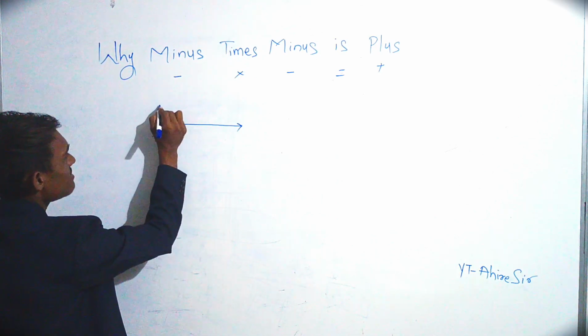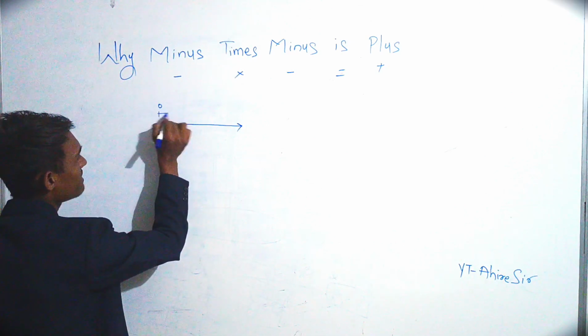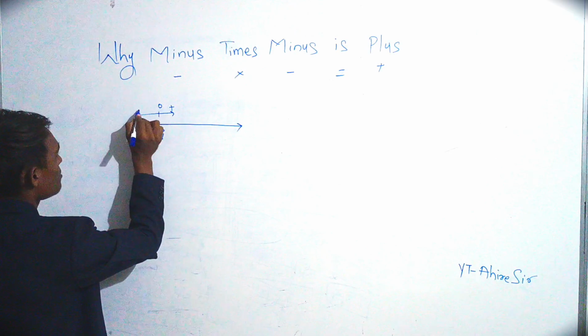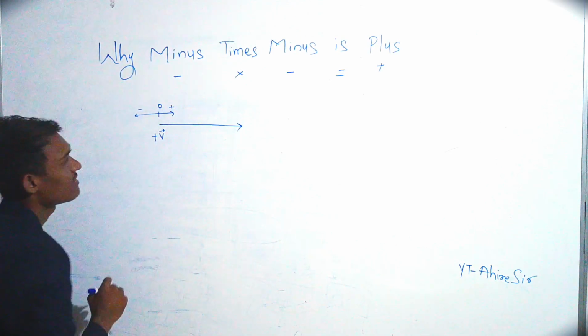Let's say this is 0 and 1, so it is in the direction of positives, and this is in the direction of negatives.